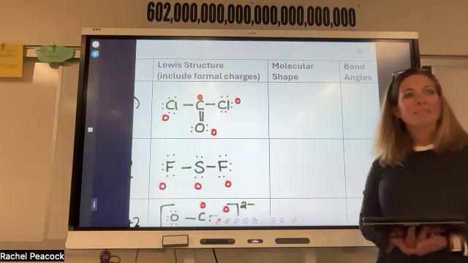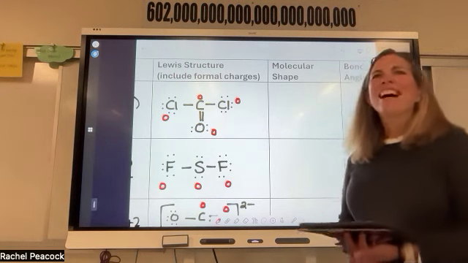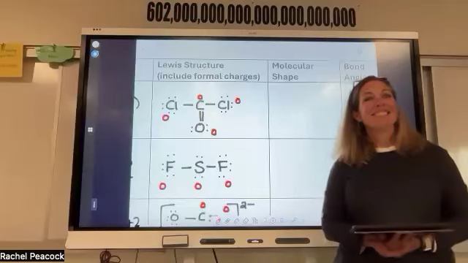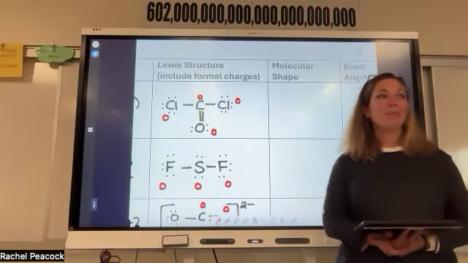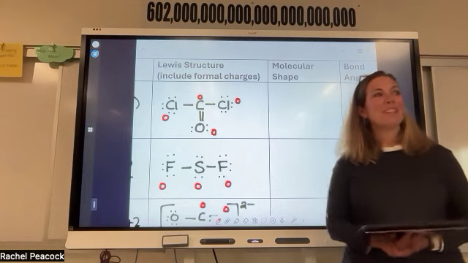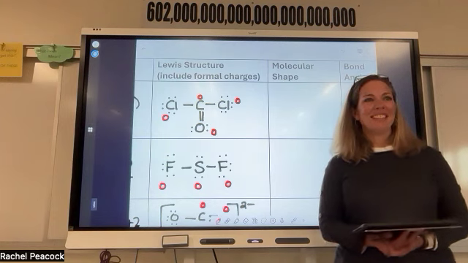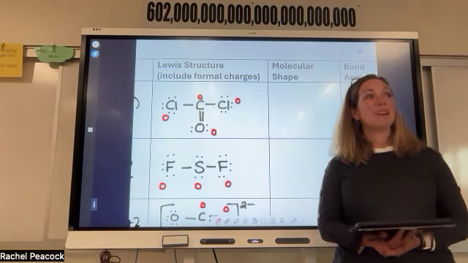Trigonal. Trigonal Rex, the T-Rex shape. Not quite. There's two trigonals. Do you remember? There's trigonal planar and there's trigonal pyramidal. Do you know what this one is? It is one of them.